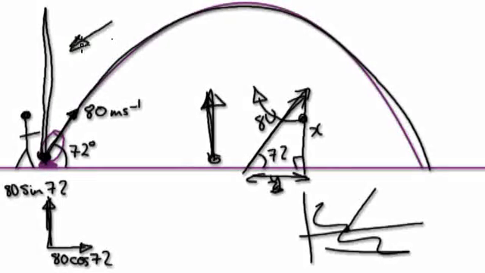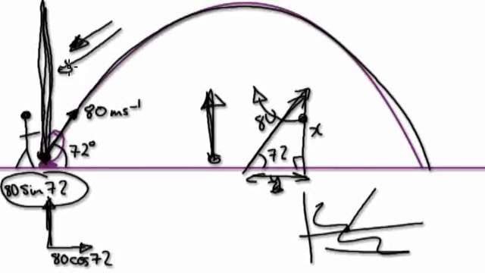So calculate this bit here, the vertical component. So we are now firing the cannonball at this speed vertically upwards, and then calculate how long it takes for the cannonball to do this. You see, the time it takes to do this is the same time as it takes to do this.